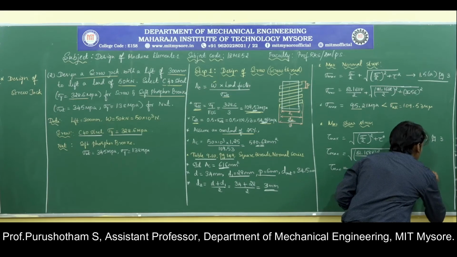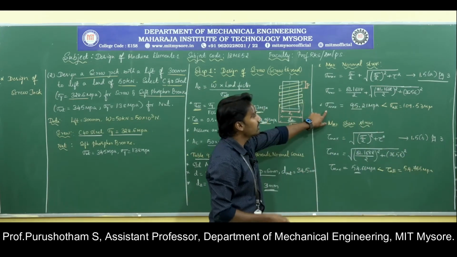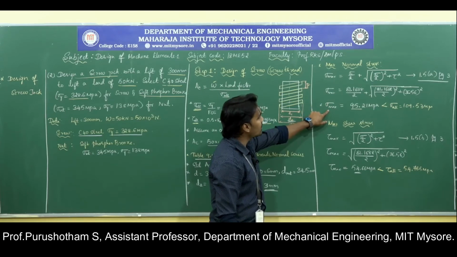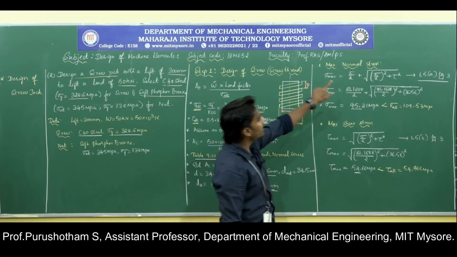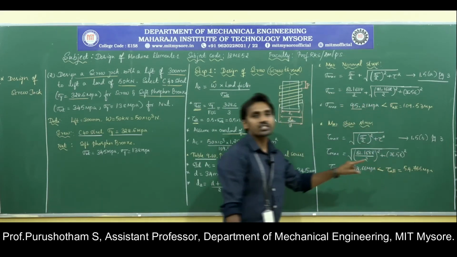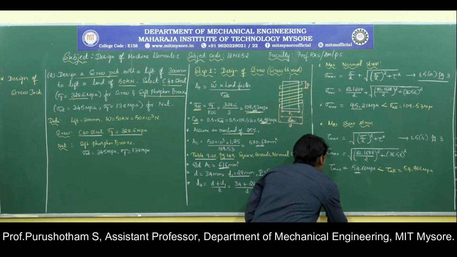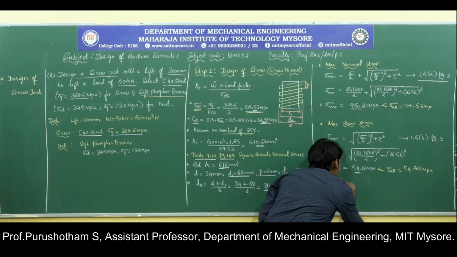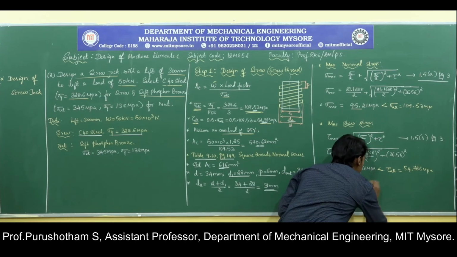If you observe these two, the induced normal stress and shear stress in the screw are less than the permissible normal stress and shear stress of the material. From this we can conclude that the designed screw is safe.